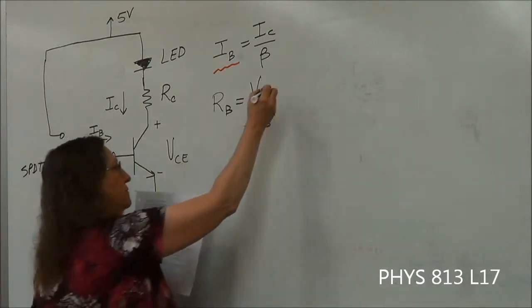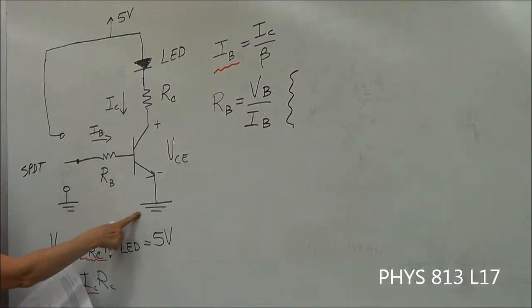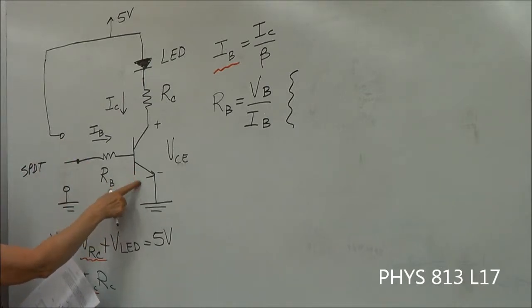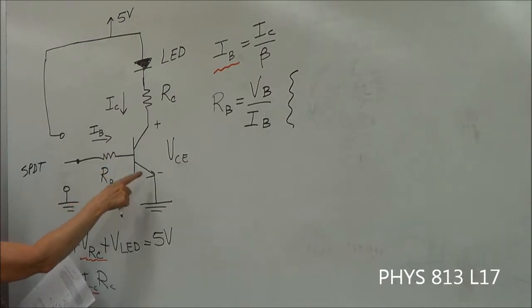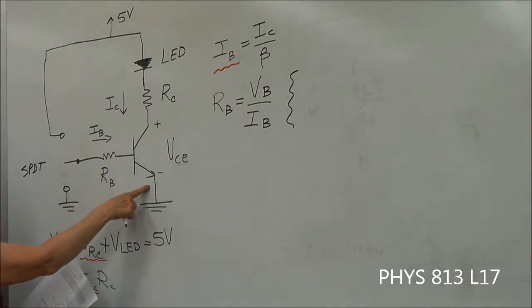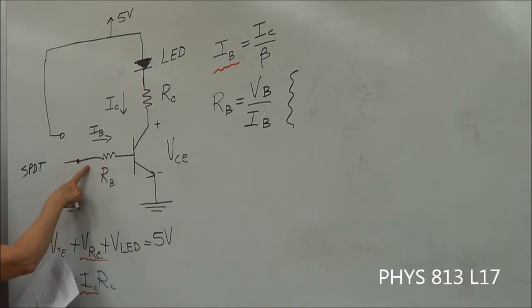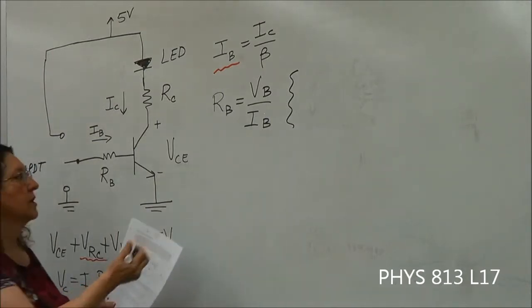So if we start at ground and assume that this switch is closed up here, we go from ground across the base emitter, and that's going to be 0.6 volts, plus the voltage across this resistor, and then we're back to our 5 volts.